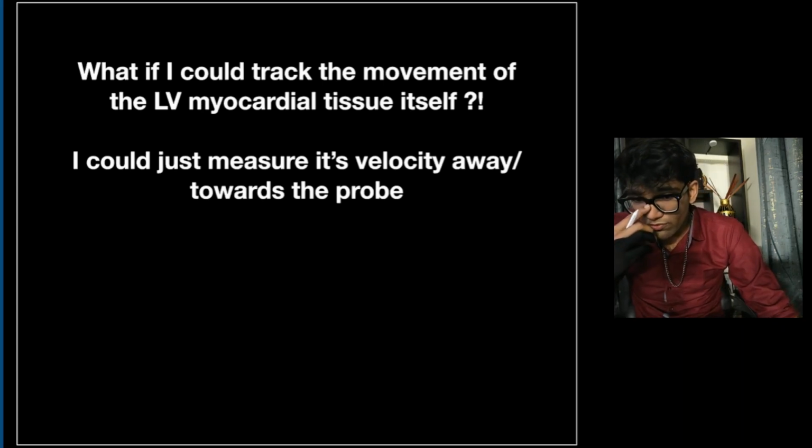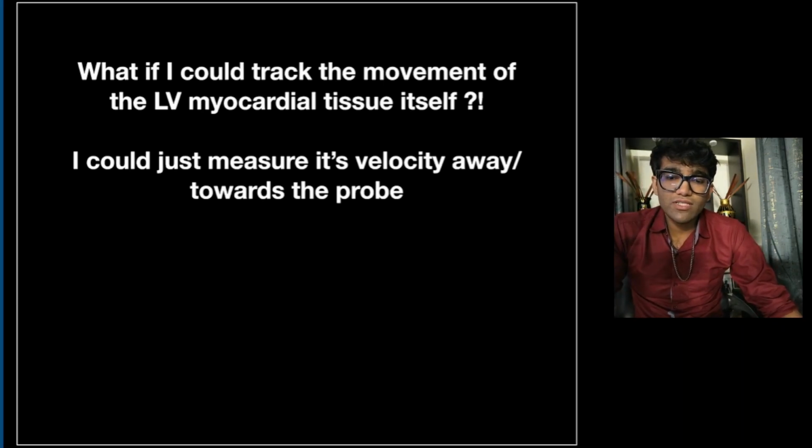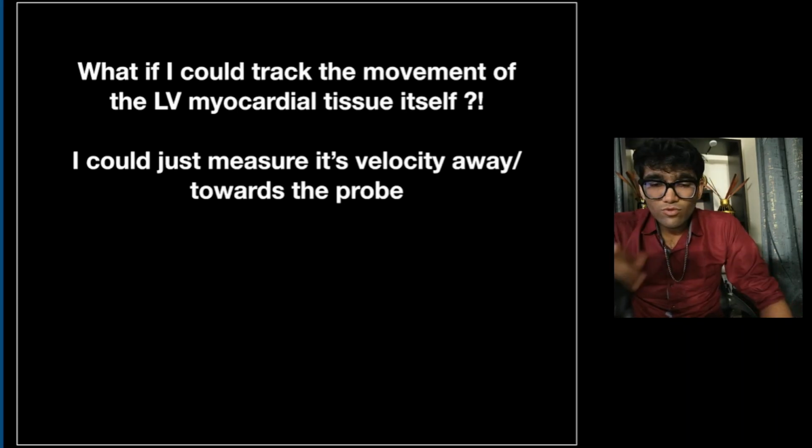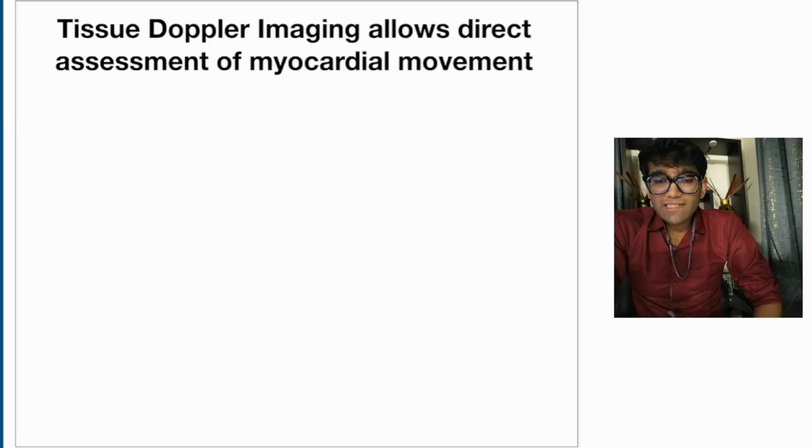So we assess the speed with which the tissue is moving away from the probe. We would definitely use tissue Doppler, which allows us to directly see the velocity with which a particular section of the myocardial tissue is moving towards or away from our probe.